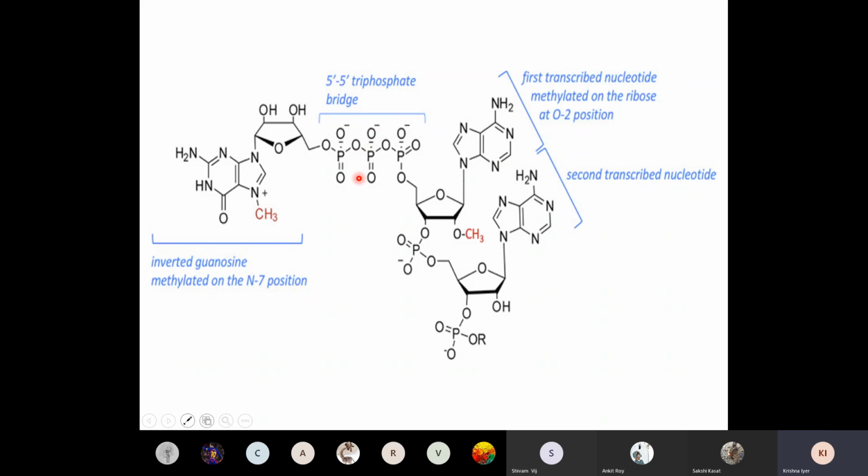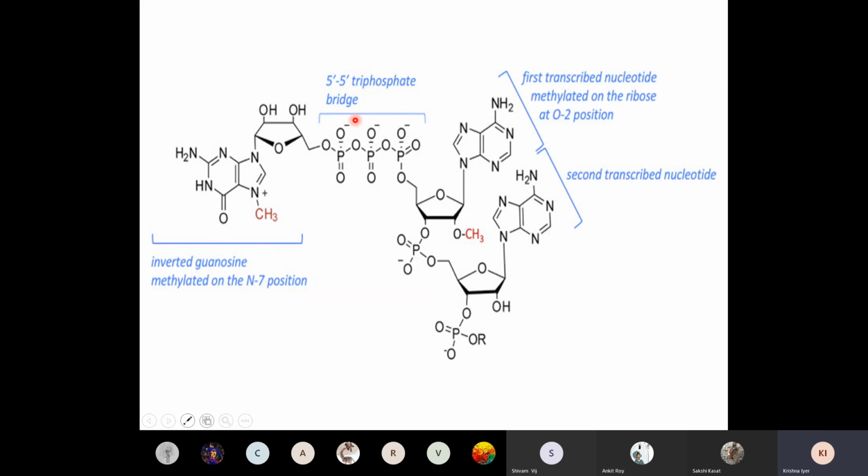triphosphate bridge. See, normally we have always seen 3' being attached to 5', as part of the links which you always look at. This is the first time you are actually seeing two 5' ends attached to each other through a phosphate. So that's why it is called a 5' triphosphate bridge.